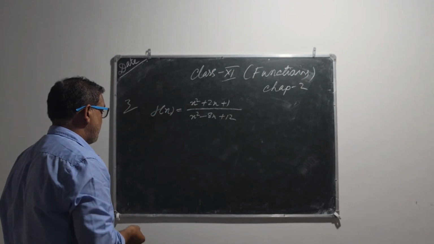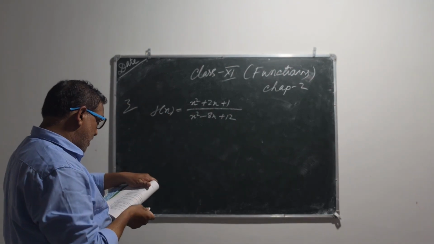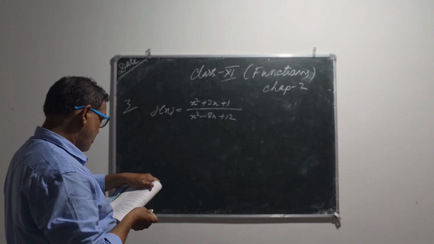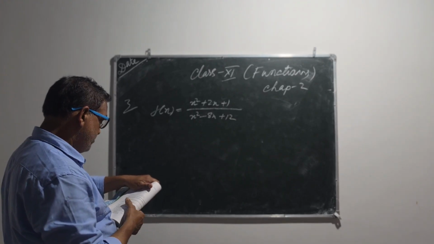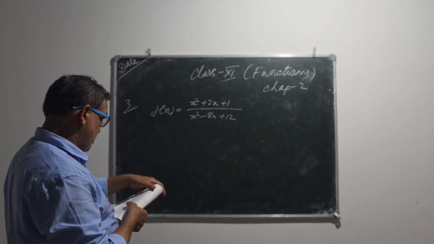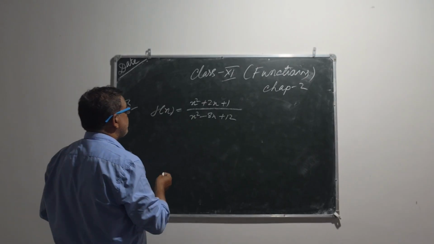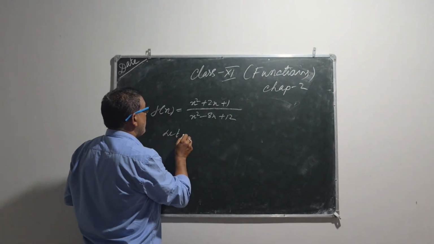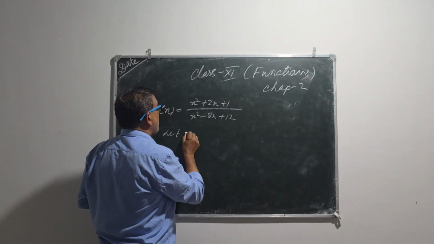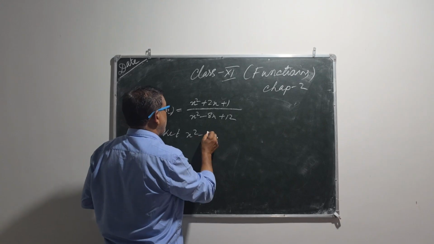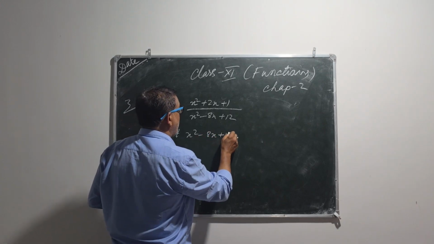So if we want to find the domain of the function, then let x square minus 8x plus 12 equal to 0.